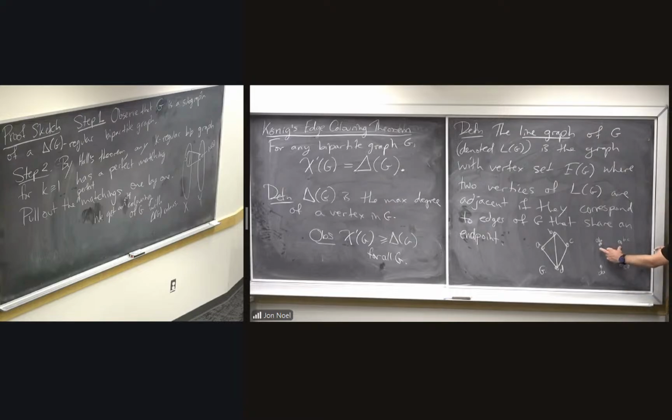These are adjacent because they share the vertex B. These ones share the vertex C, the vertex D, and these share the vertex A. And this one would be adjacent to all of the other ones, I guess. Yeah, because these two share B, they share D, and they share D. Right, so this would be L of G. Okay.